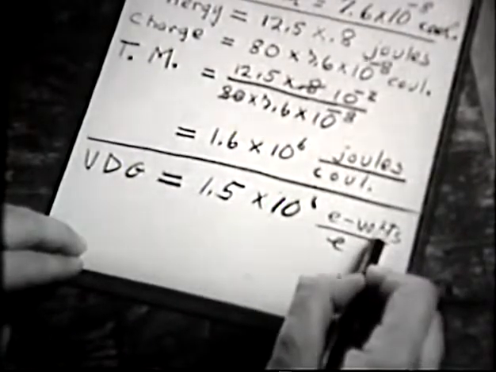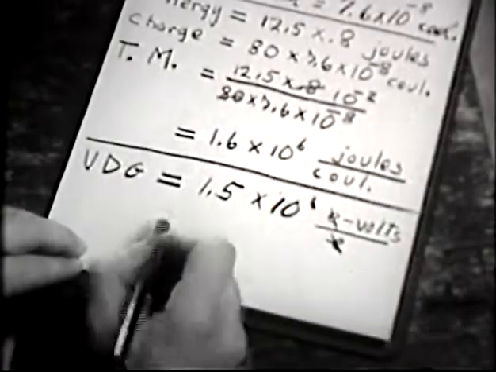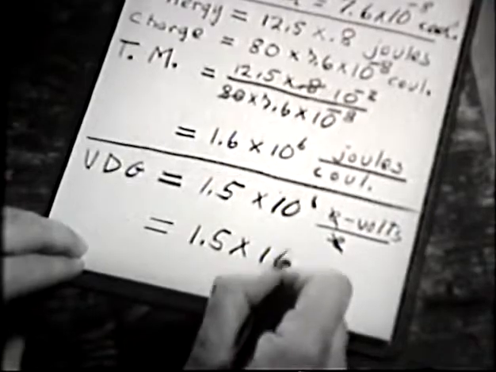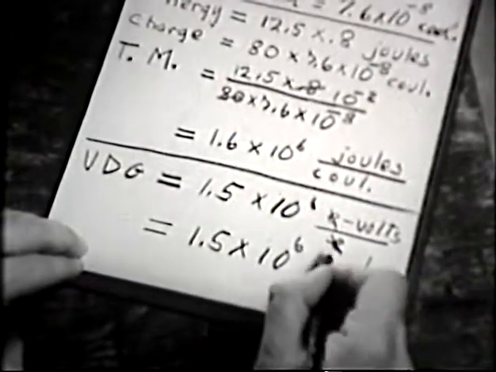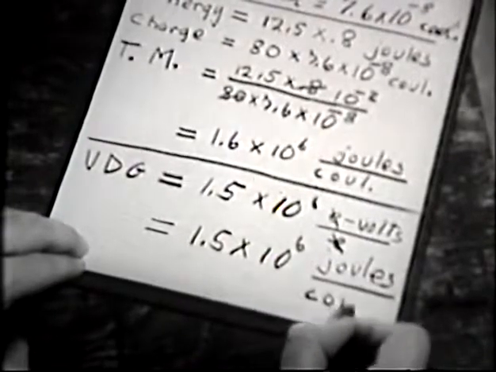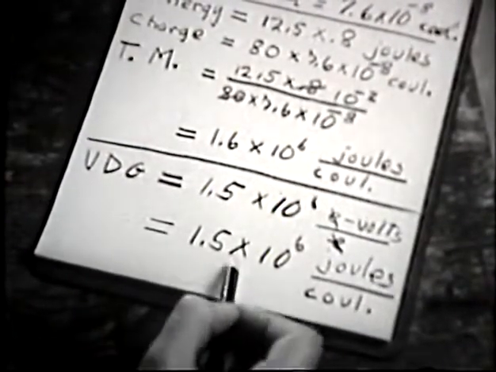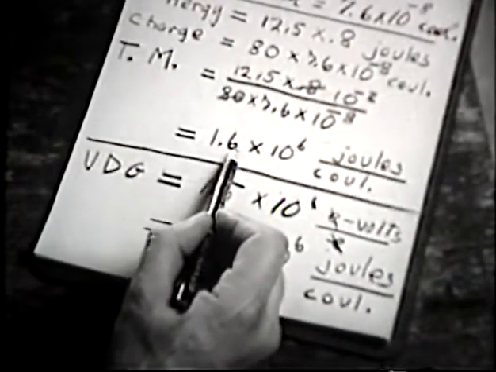Since 1 volt is the same as a joule per coulomb, this is the same as 1.5 times 10 to the 6th joules per coulomb. And as close as we can measure, it agrees with our direct thermal measurement.